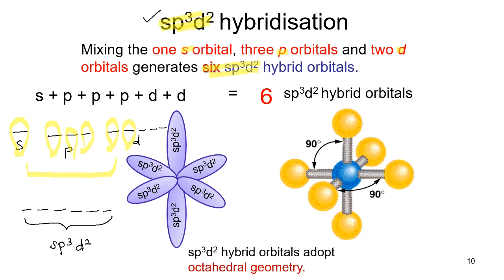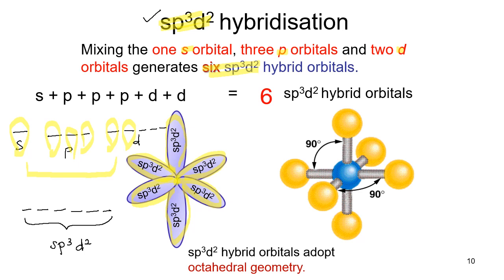And since you have 6 pairs, each of the orbitals here will arrange themselves as far as possible from one another. So you have 1, 2, 3, 4, 5, and 6.